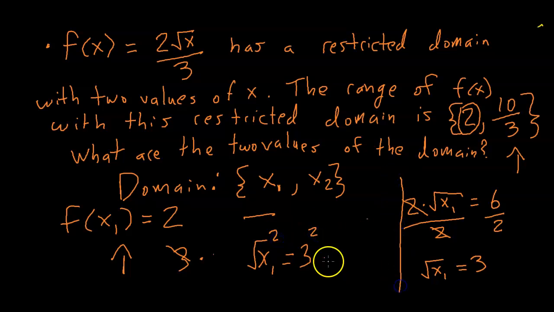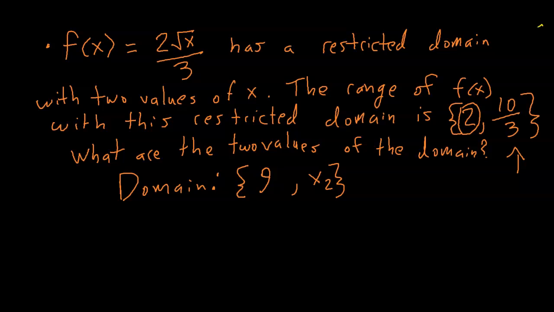We'll raise both sides to the second power, and that'll give us the fact that x sub 1 is equal to 9, okay? So this means the value x equals 9 is the value that produces the output 2. So that has to be now one of the values in our domain. So we found one value of the domain, and it is equal to 9.